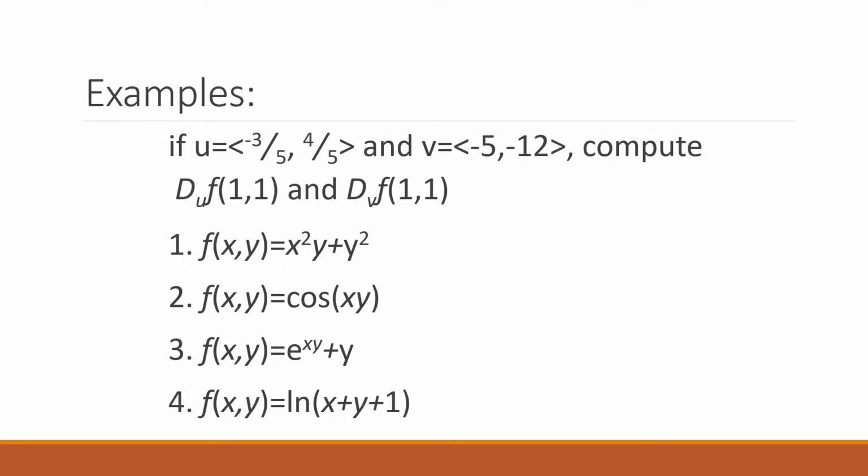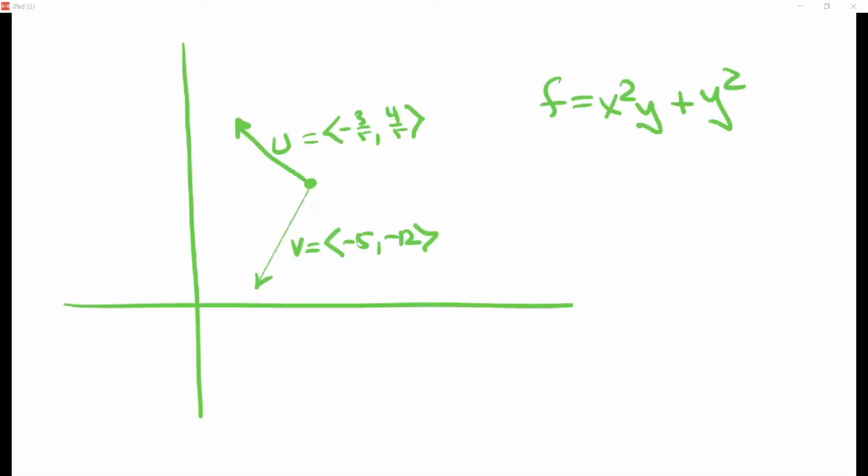And vector v is -5, -12. And for f, I'm just going to do number 1.